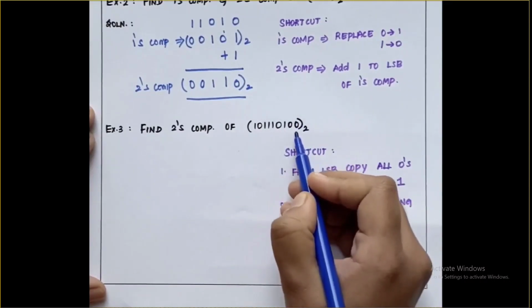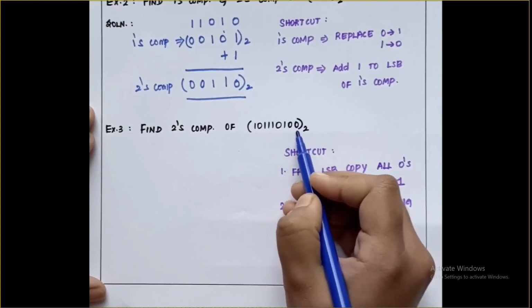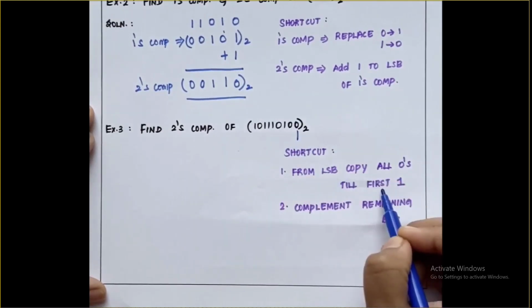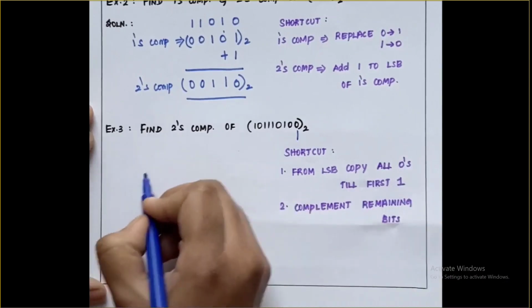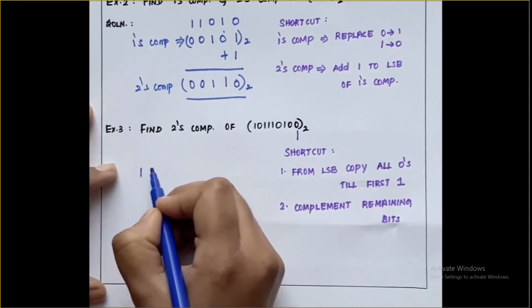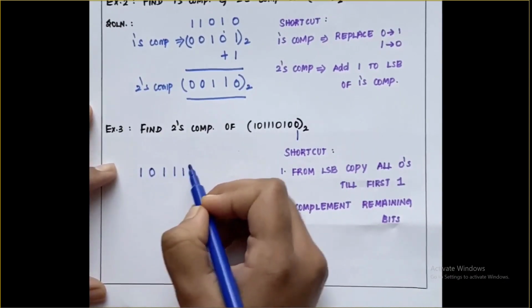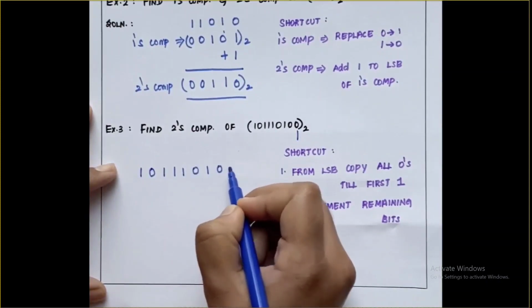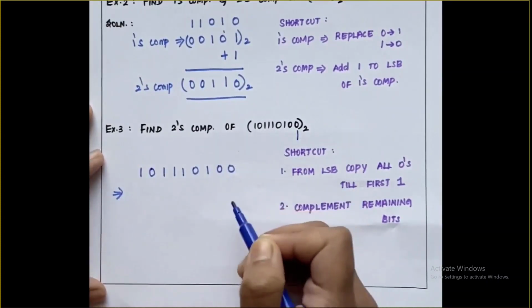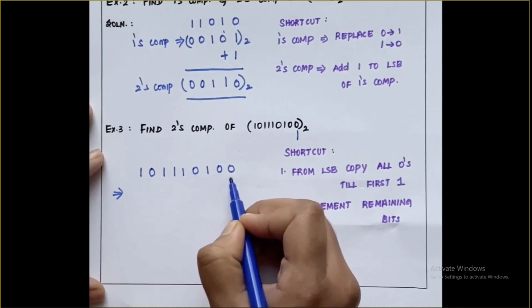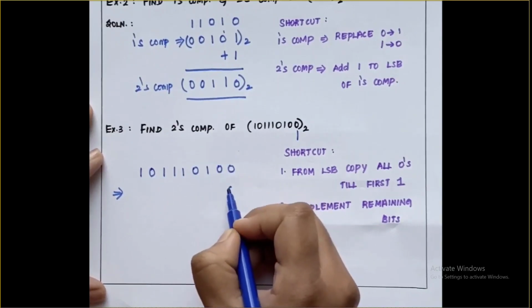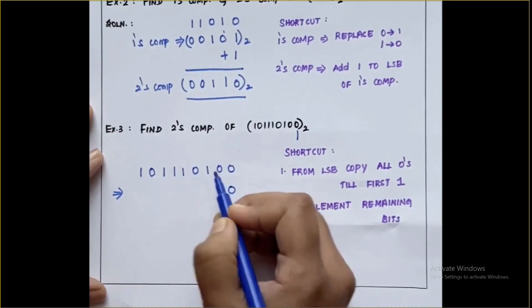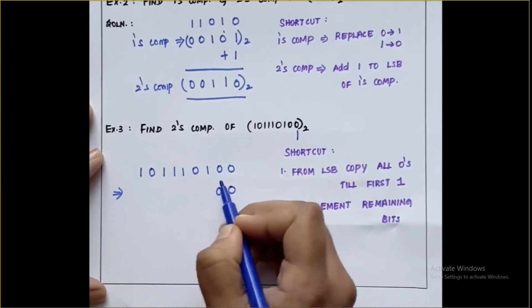So starting from the last bit, we have to copy all the zeros till the first one, and then repeat the same procedure. The given number is 10110100. Starting from the least significant bit, copy all the zeros. So 0, and again we have 0, so we can copy it as such.